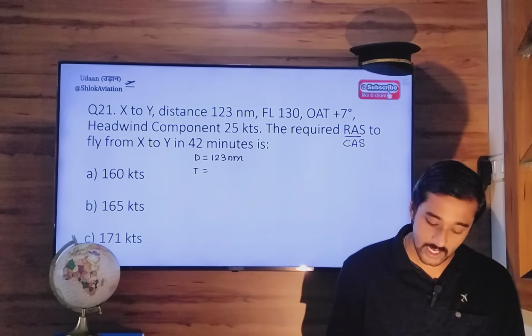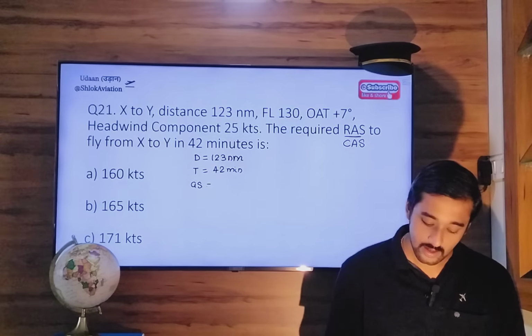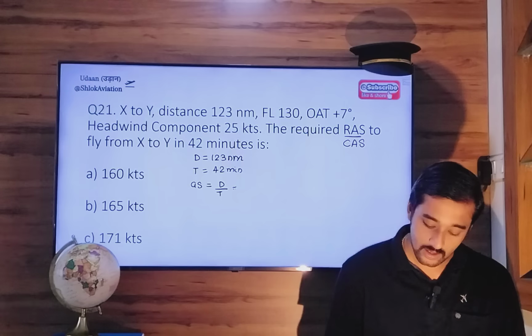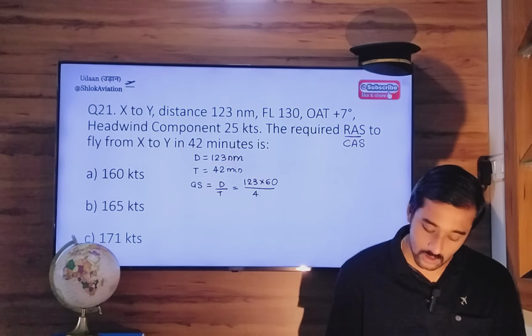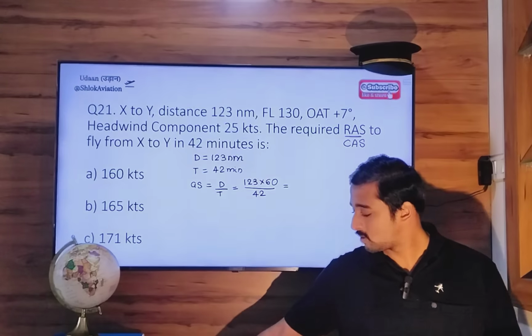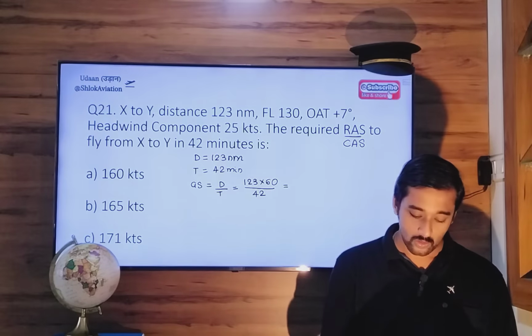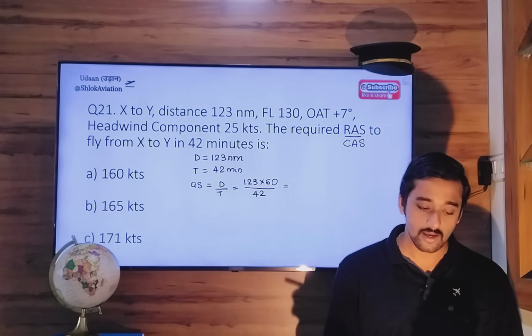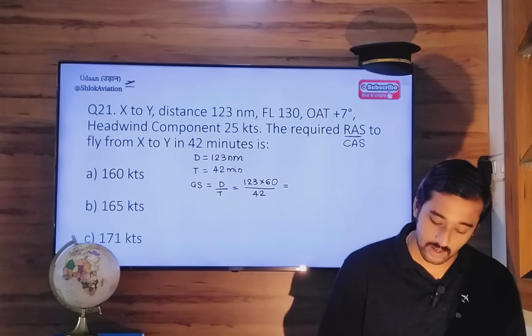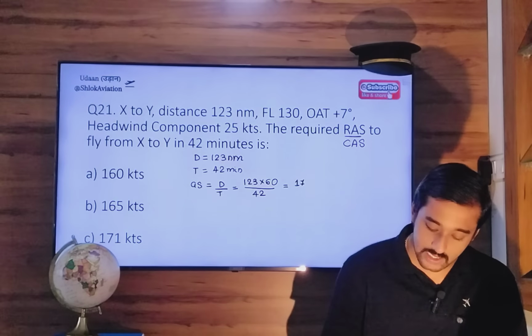Distance is 123 nautical miles, time is 42 minutes. Ground speed will be distance by time, so 123 into 60 divided by 42, that is equal to 175.7 nautical miles per hour, or 176 knots.